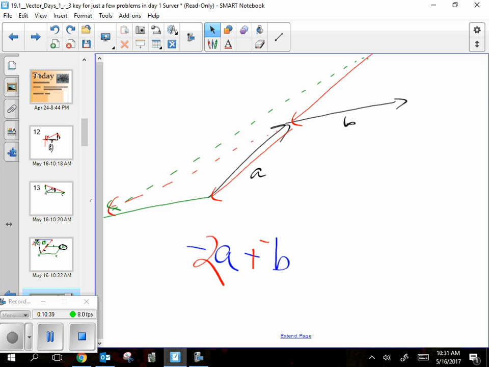Yes? Yeah, but can we have the head touching the A's tail? B's head, which is like, if we go like that. No. Yes.